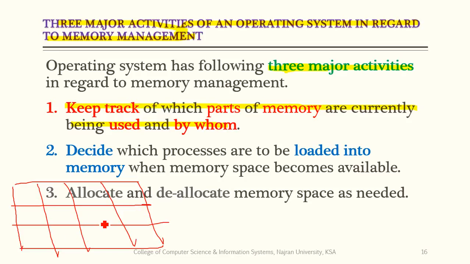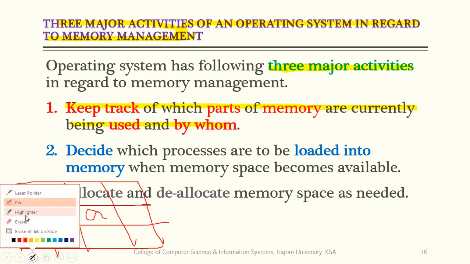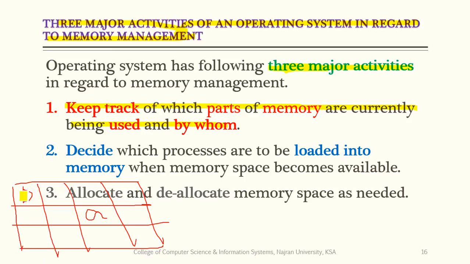Suppose we have one variable a, and we gave it this space here, and another variable, b. Currently two blocks of this memory are filled, this one and this one. It is the responsibility of the operating system to keep track of which parts are currently being used.